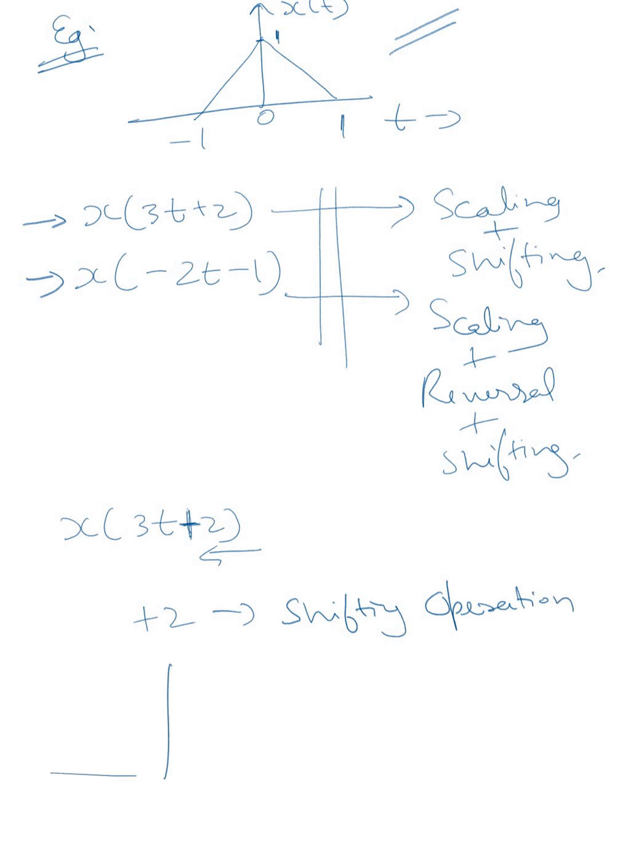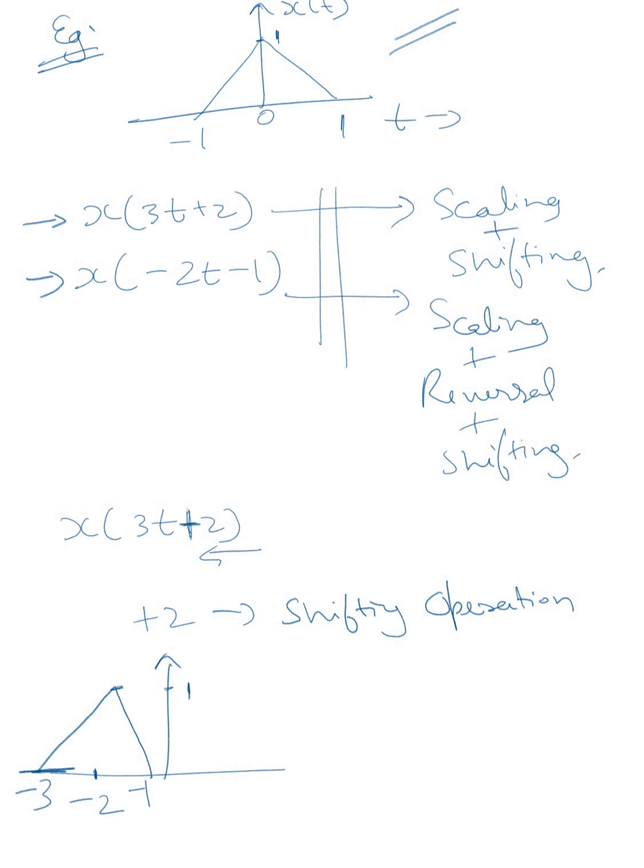Let us do the shifting, and if we do plus 2 shifting, the signal moves towards the left of the time domain axis. Minus 3 plus 2 is minus 1, this is 1.